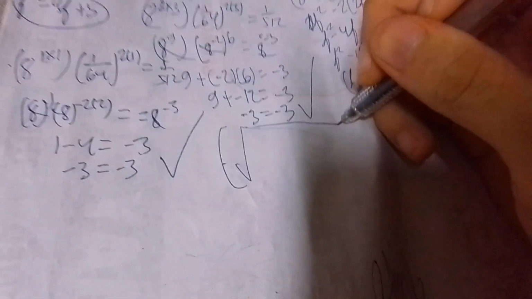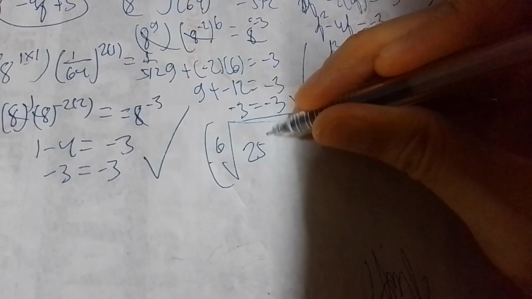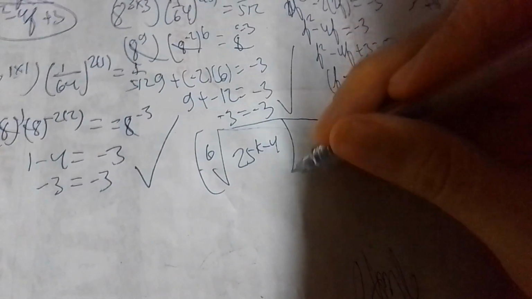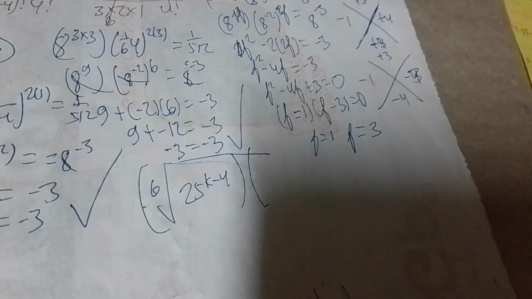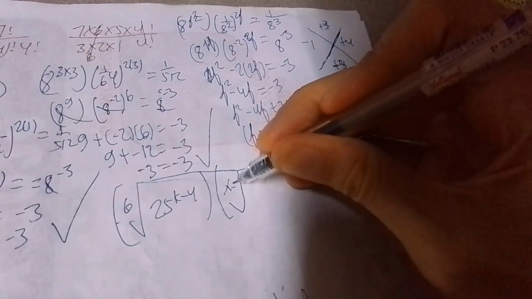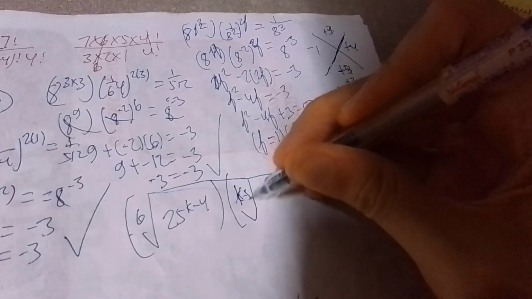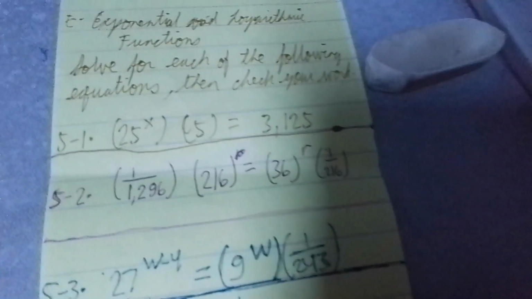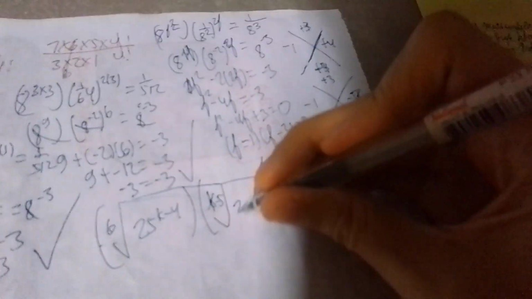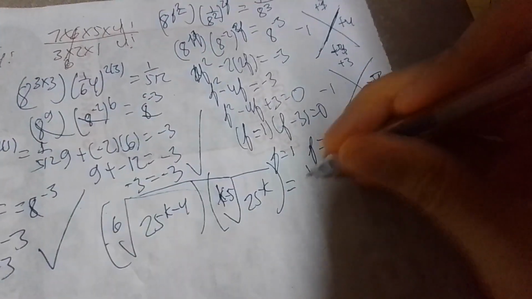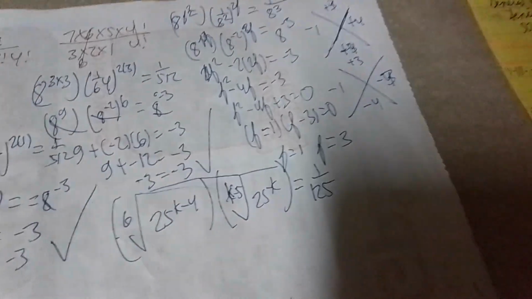We have this 6th root of 25 raised to the k minus 4 power, multiplied by the k minus 5th root of 25 raised to the k, equals 1 over 125.